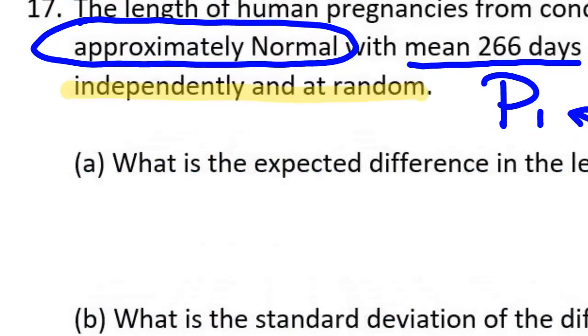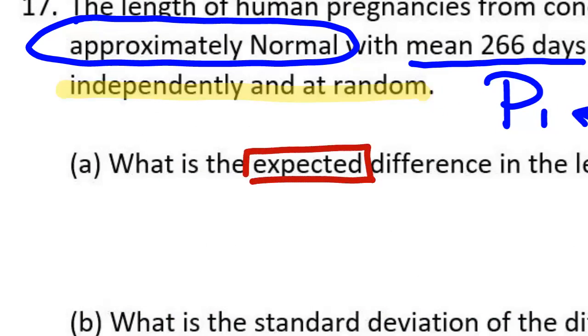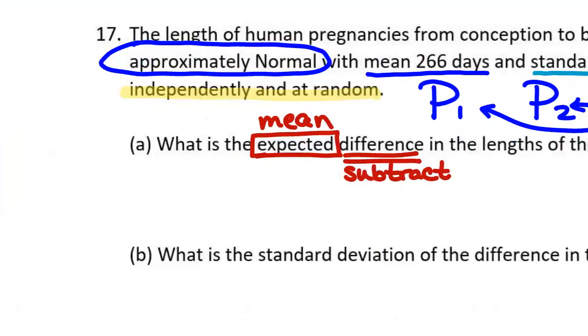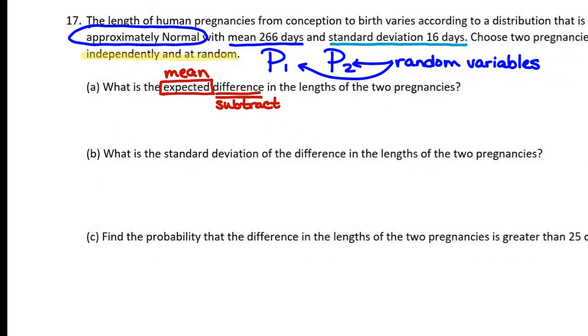What is the expected? When you see expected, what do you think? Mean. What is the expected difference? Difference means to do what? Subtract. Can we subtract the means of random variables? Yes. We can add the means of random variables like we did for the blue line, red line, and wait time. We can subtract the means of random variables.